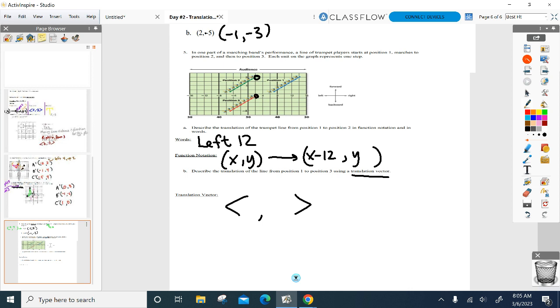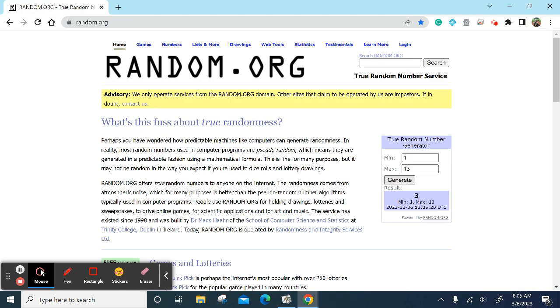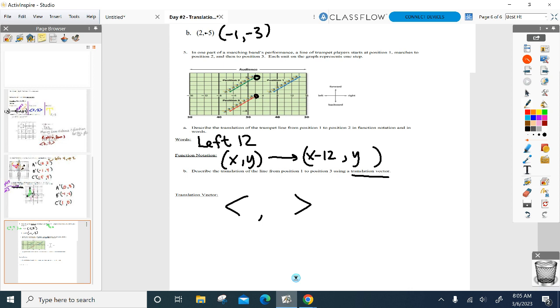Because it looks like I'm going 2, 4, 6, 8, but I don't go to 10. 9. So over left 12, down 9. That's what 1 to 3 is. Left 12, down 9. How can you write that in a translation vector then? Left 12, down 9. There you go. Negative 12, negative 9.